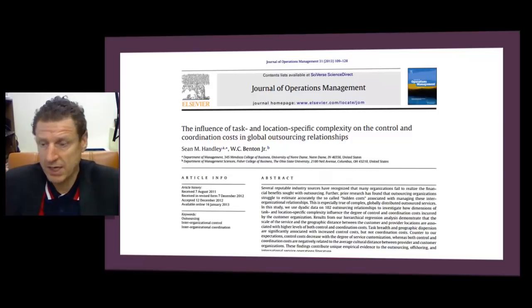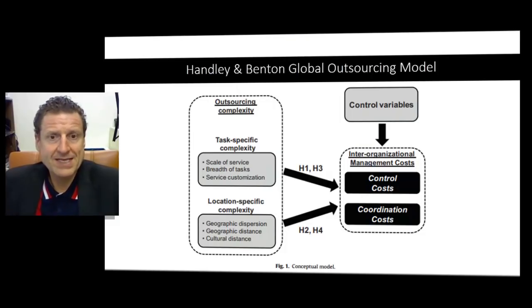Wow, beautiful title. And so basically what Handley and Benton are proposing is that control costs and coordination costs are going to be a function of several measures of task-specific complexity and several measures of location-specific complexity. And fast forward to my study, we are looking at geographical distance and culture distance.